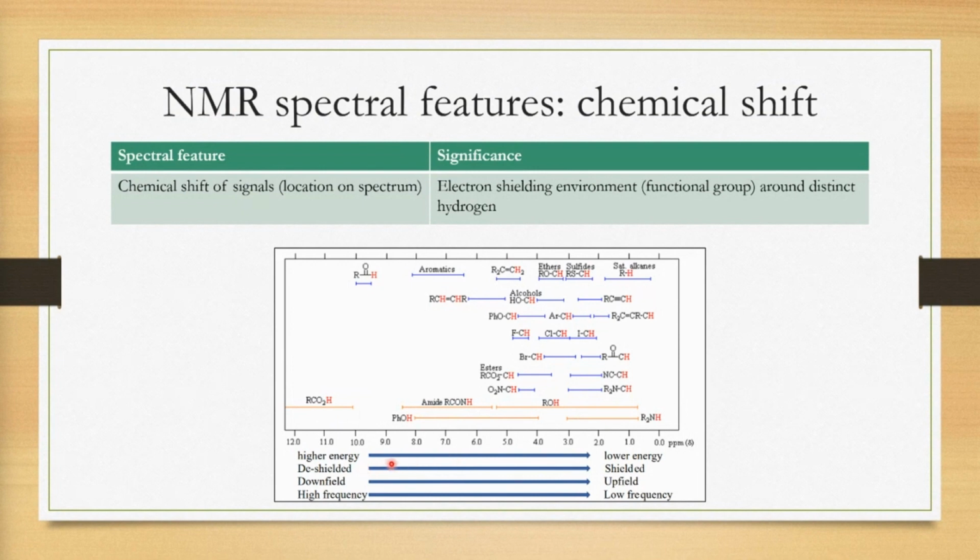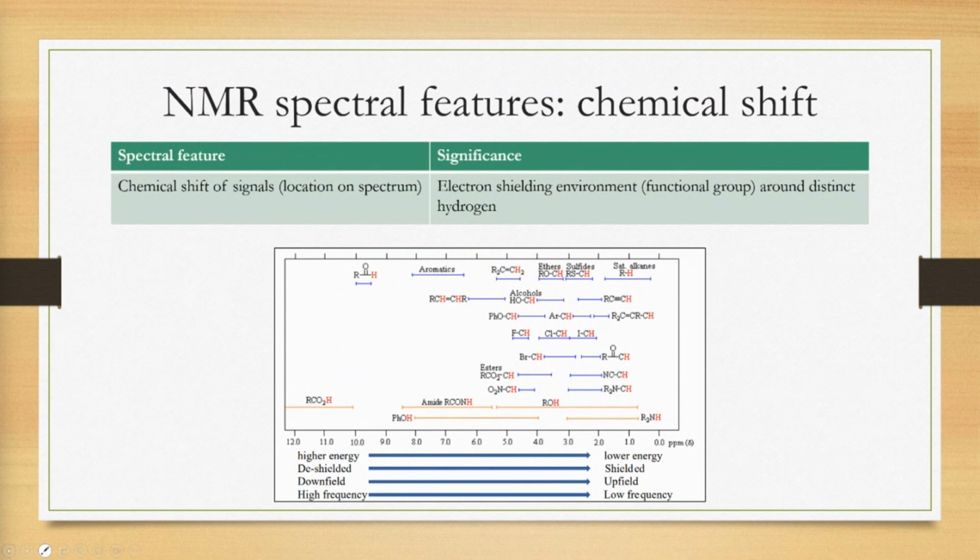They're at a higher energy. They absorb a higher energy. And then towards the left, we call downfield of the spectrum, and towards the right is upfield. So higher energy, higher frequency, de-shielded, downfield. Okay. So generally, closer to electronegative elements, more de-shielded, more downfield, aka to the left of the spectrum.